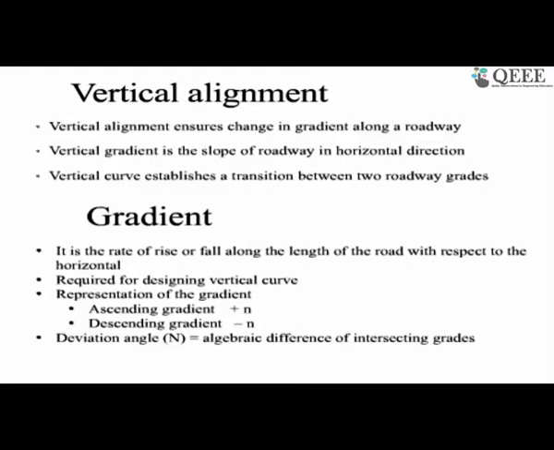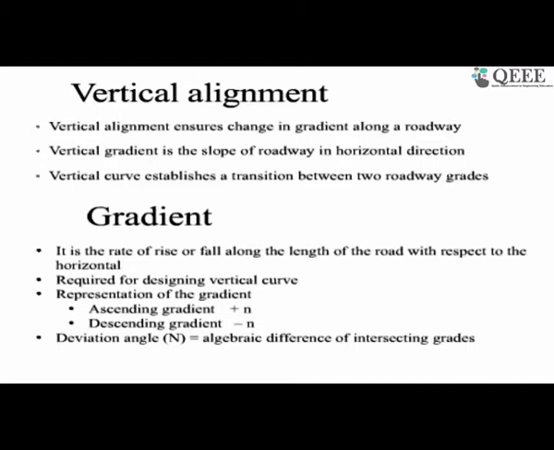It ensures the change in gradient from one section to another section, and the gradient is nothing but the slope of the roadway in the horizontal direction, and the vertical curve establishes a transition between the two roadway grades.